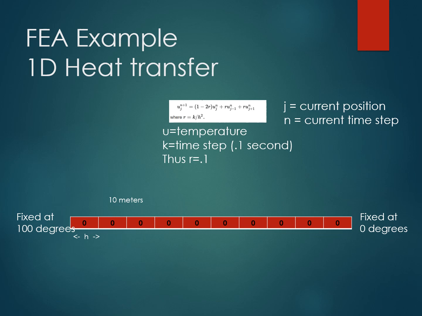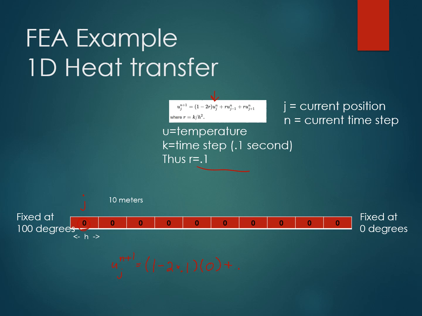Let's solve for this element right here, J. We know that U, which is our temperature of J at n plus 1, which will be the next time step, is equal to 1 minus 2 times 0.1, since that's our R value here, times U sub nj. So this is our temperature right here at our current time, which is 0. That should simplify out nicely.